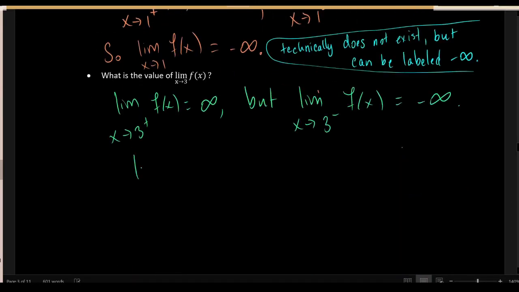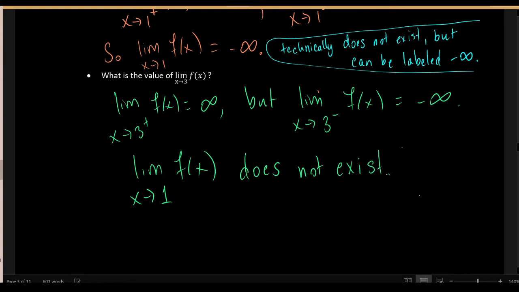So in this case, the limit still doesn't exist, but we cannot give it a label of either negative infinity or positive infinity. The limit does not exist, and that's that, because our two one-sided limits had a disagreement in their values, in their behavior.